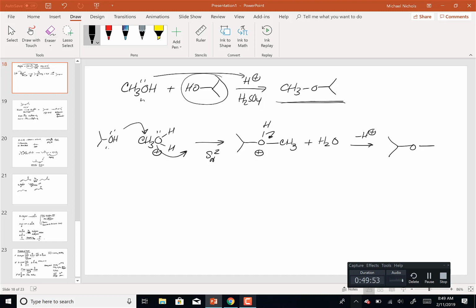And since it's SN1, you don't have to worry about the trigonal bipyramidal SN2 transition state. But start by protonating the isopropyl alcohol and then have the methanol react with whatever that turns into via SN1.